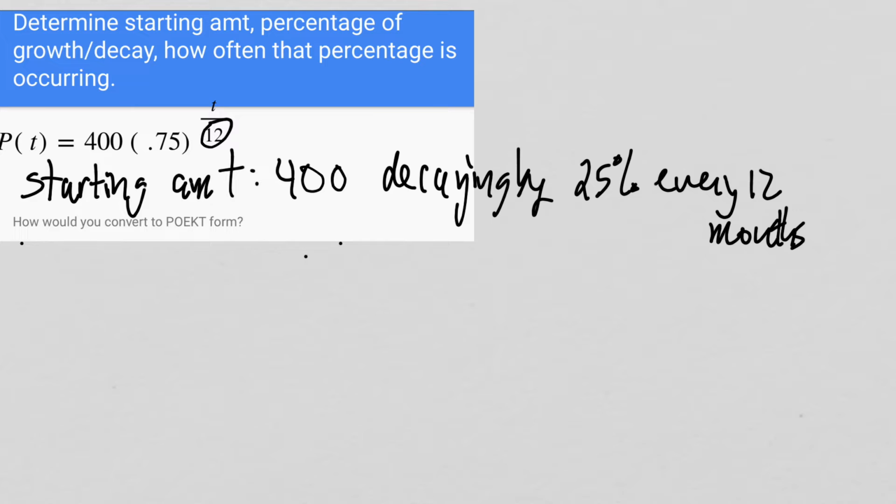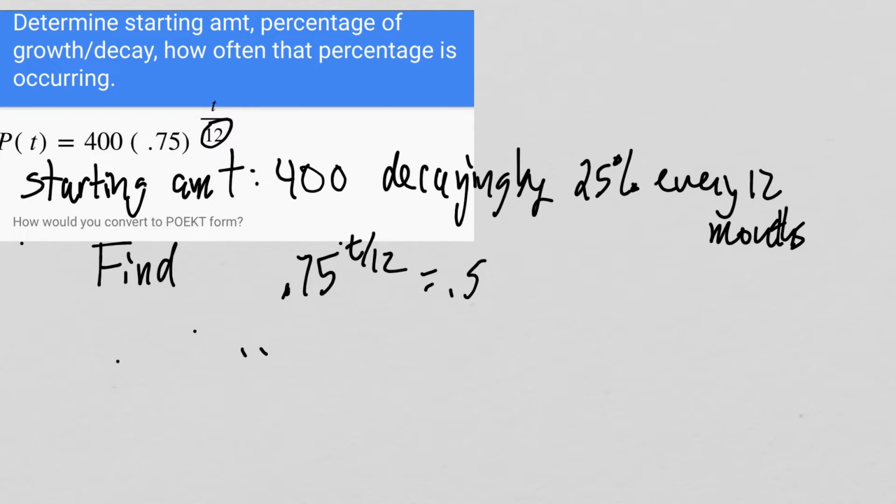How do we convert this to PERT form? So we need to first figure out how to get our half-life, and then from that half-life to get the constant decay. So to find k, we are going to take what's given, not worrying about the starting amount, to make it equal 0.5.